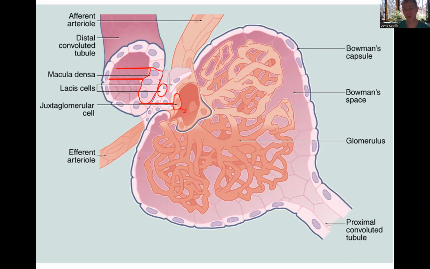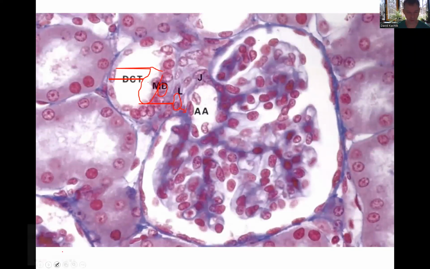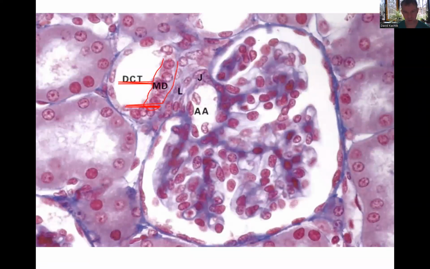And where does the renin go? Again, to show it here: macula densa cells with the different polarity, they are darker than the rest of the tubule, as you can see here.